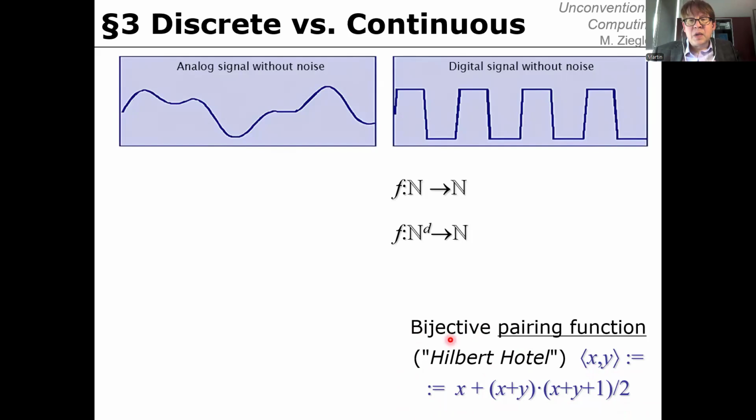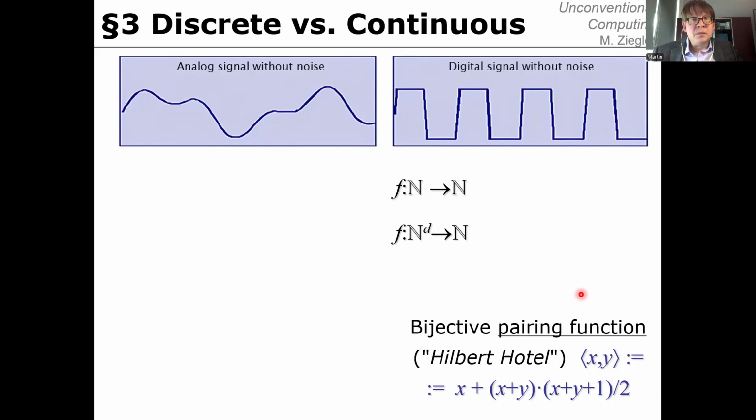Meaning it is injective: no two people will be assigned the same room. And it is surjective, so that from the room number after moving, one can recover who and where the occupant in the new room came from, which seat in the bus it had, and which previous room number he or she had. So this is a recap on discrete mathematics, as you have learned probably in CS 204 at KAIST.